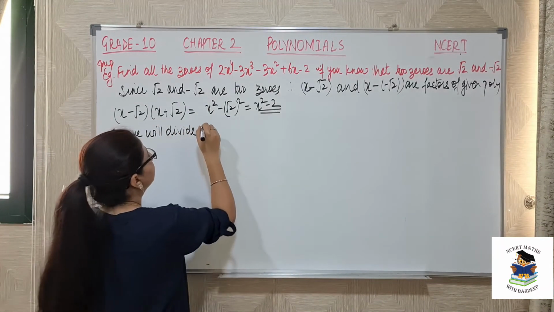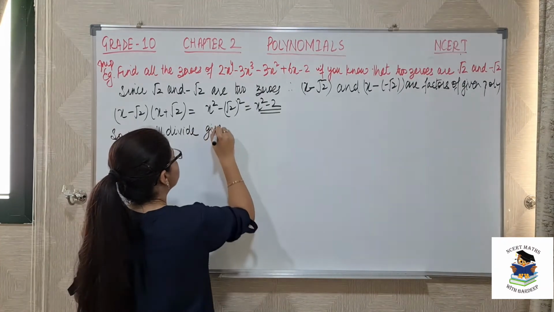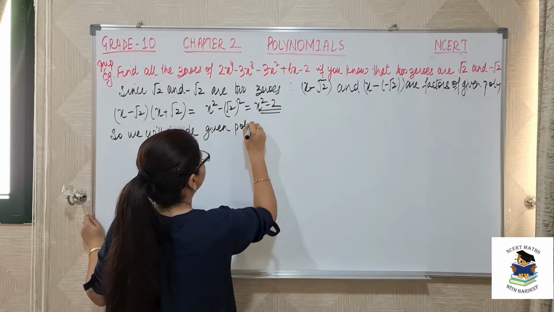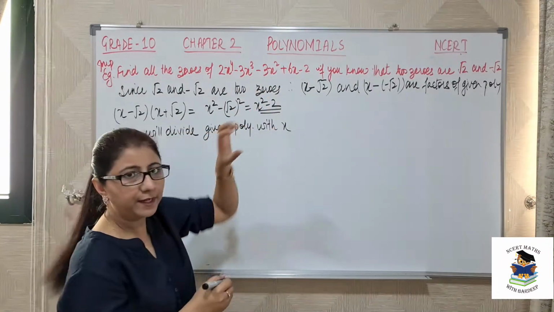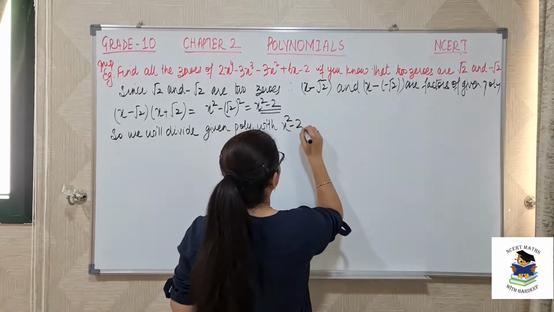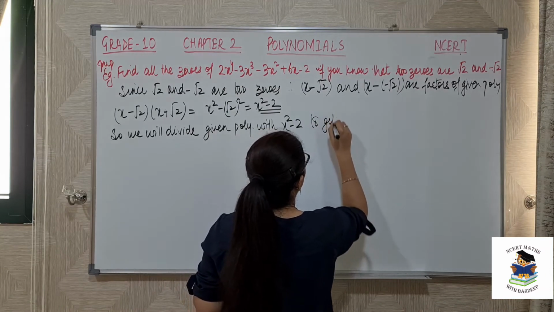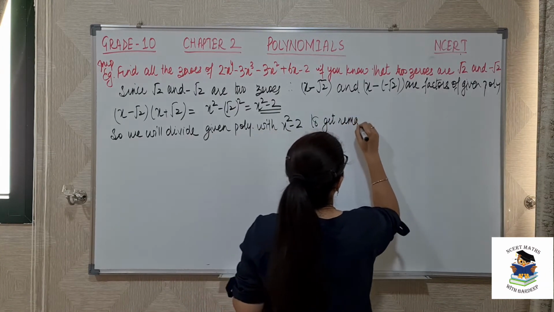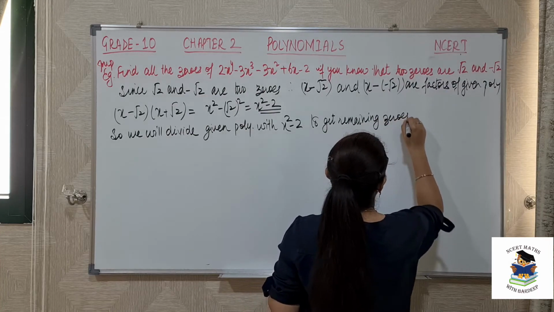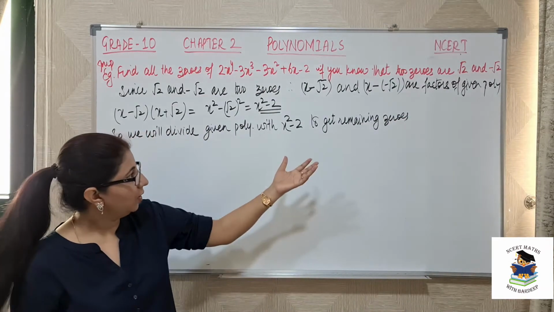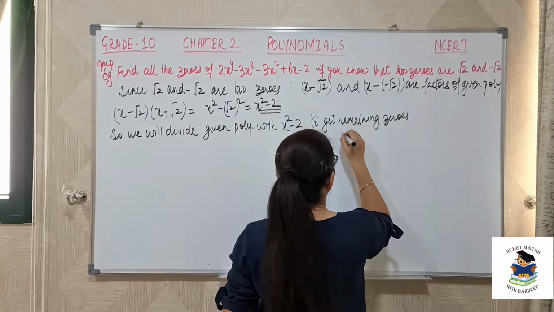We will divide the given polynomial with this factor, that is x square minus 2, to get the remaining zeros. Okay, so now let's see how to divide it.